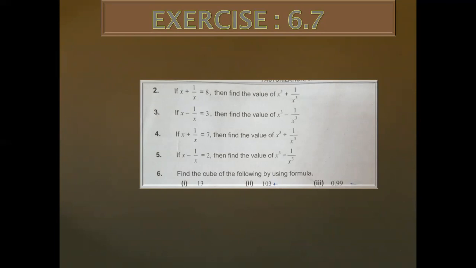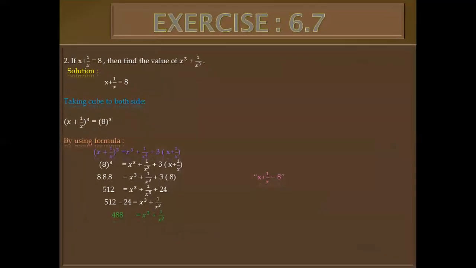Yes, come to question 2. If x plus 1 over x is equal to 8, then find the value of x cube plus 1 over x cube. x plus 1 over x is equal to 8 and we find the value of the cube. So in the first step you will take the cube of both sides, x plus 1 over x and also the cube of 8.